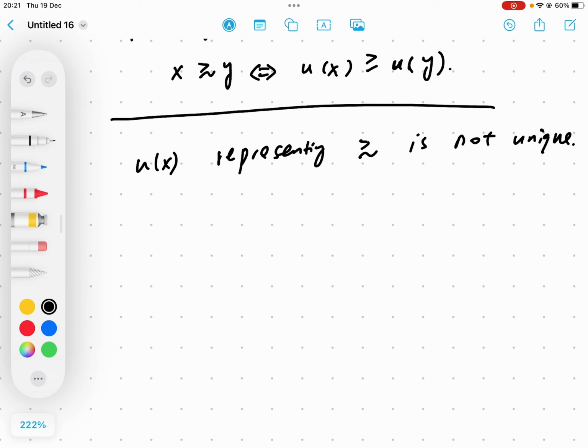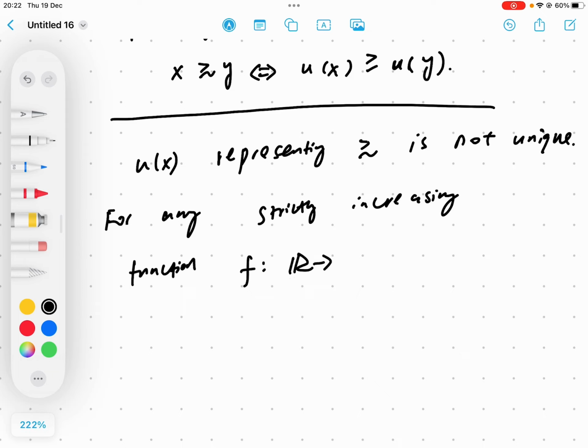And it turns out that for any strictly increasing, or monotonic, transformation f from real to real, okay, so let's call this v of x, and it will be some transformation f of the original u of x.